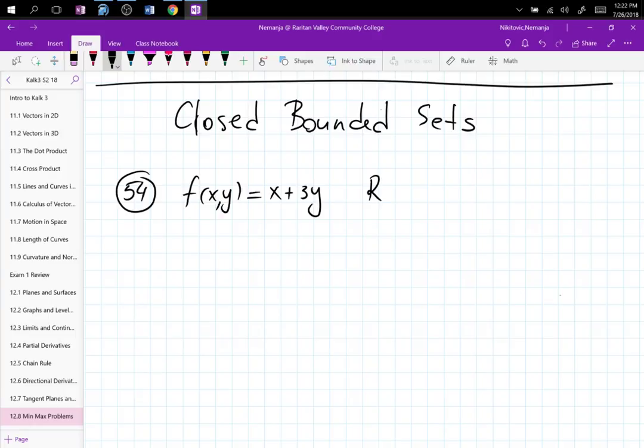I have class in 3 hours. Region R, which gives me the stencil, are all x and y points in the domain such that absolute x is less than 1 and absolute y is less than 2. So that's your region R.